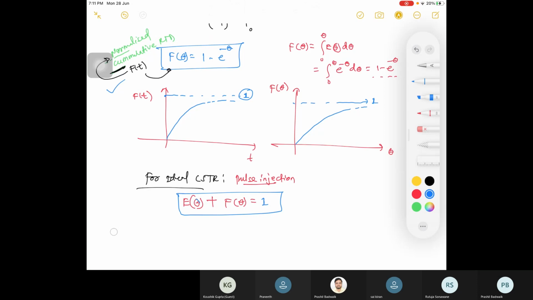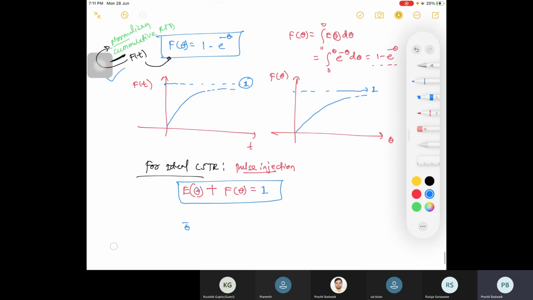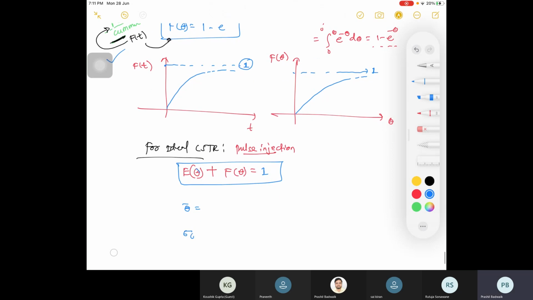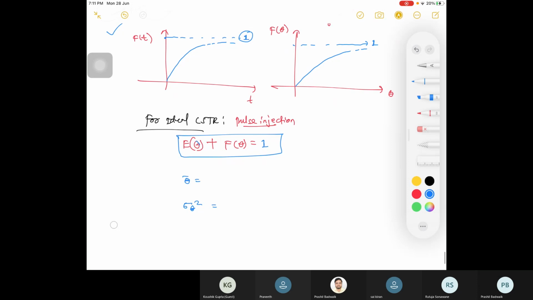Okay. And what is your theta mean? Sai Kiran, what is theta mean? Sir, it's 1.